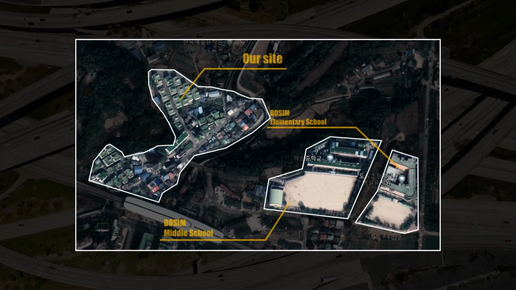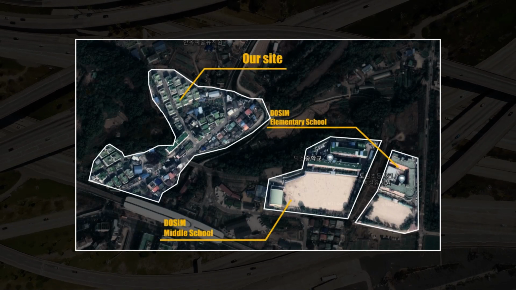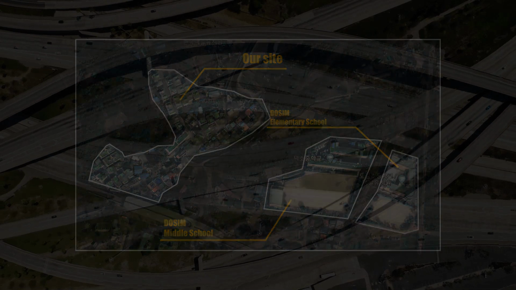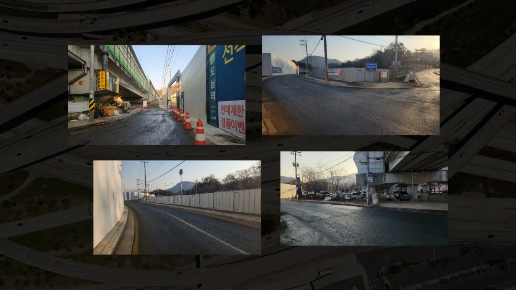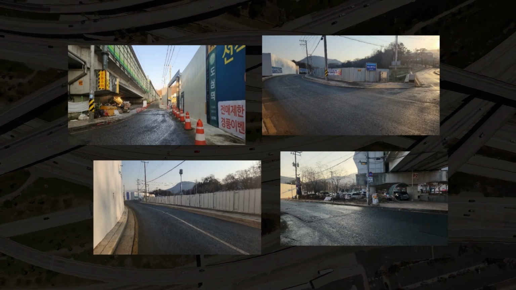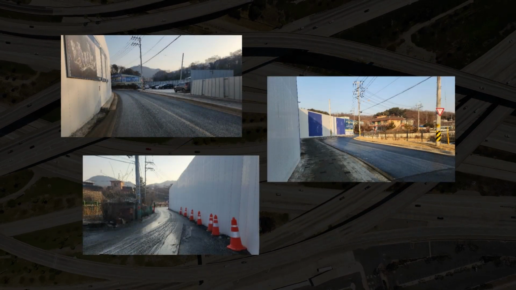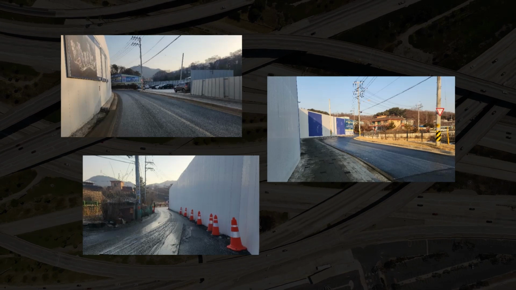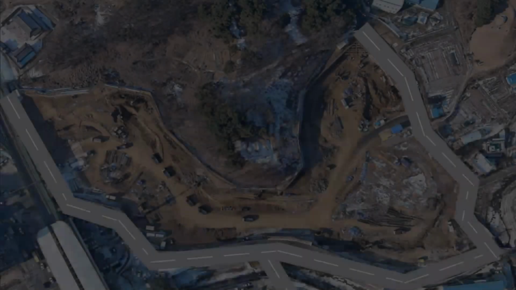Let's also check the access road from the outside. The overall shape of the construction site is butterfly-like, so the road formation is similar. Because of the butterfly shape, there are many blind spots at the curves and corners, so there are concerns about the safety of the villagers, including the Deokso Middle School and Dosim Elementary School students, due to possible accidents with construction vehicles.